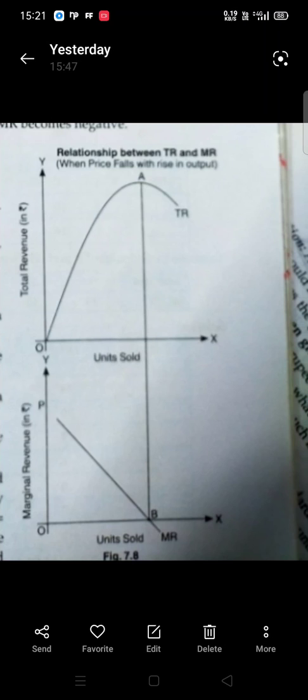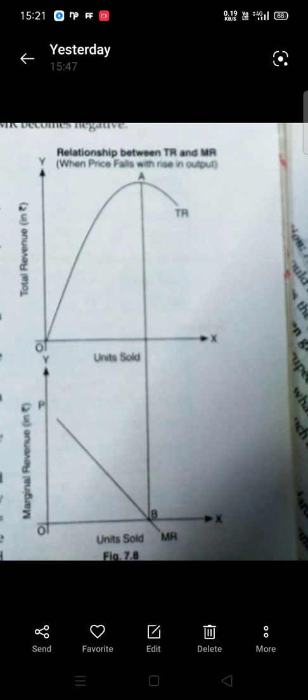जब marginal revenue negative में आ जाता है, at that time total revenue will fall, and TR will be maximum when MR is 0. जब MR 0 में पहुंचता है तो TR अपने maximum level पे रहता है. Okay, so with this table it can be easily understood. Curve is also there. You can see here this TR curve.